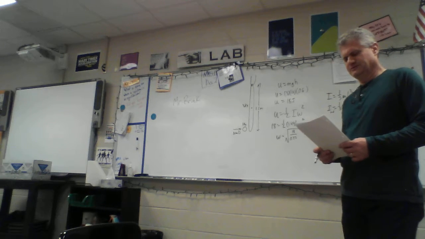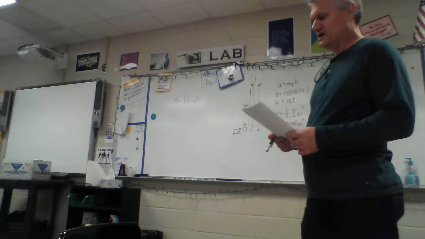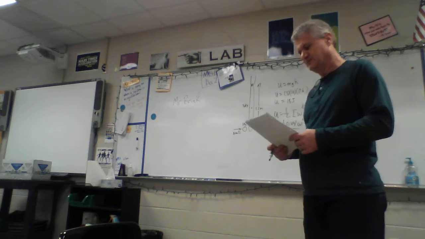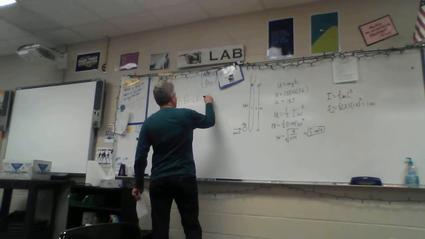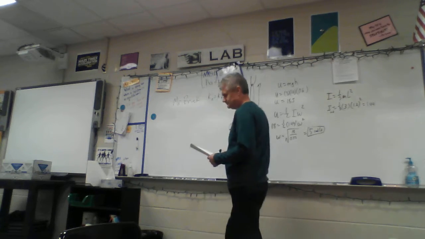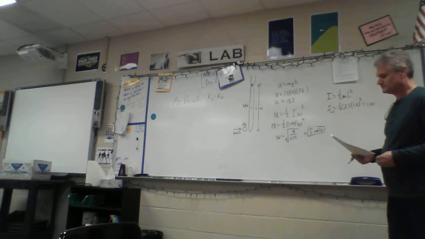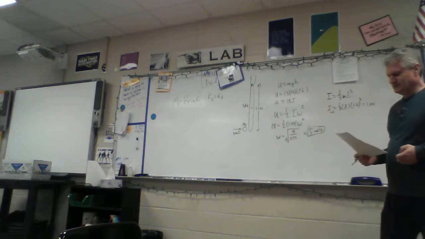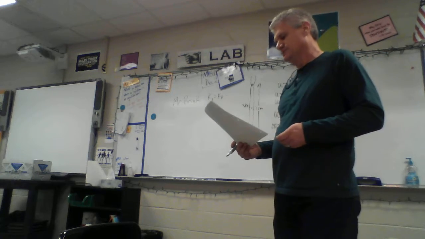On the next page, for the system consisting of the object and the bar, linear momentum is not conserved in this collision, but kinetic energy is conserved. So K initial equals K final. And then C, determine the speed V of the 1 kilogram object immediately after the collision.